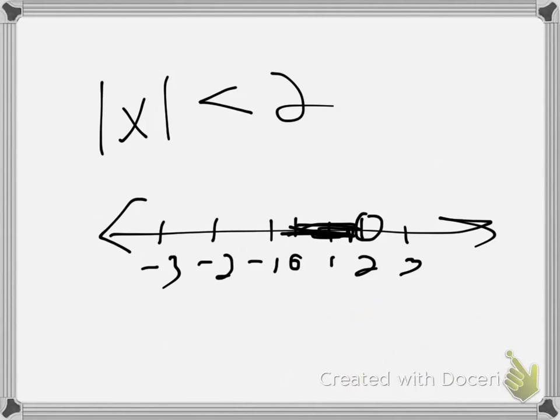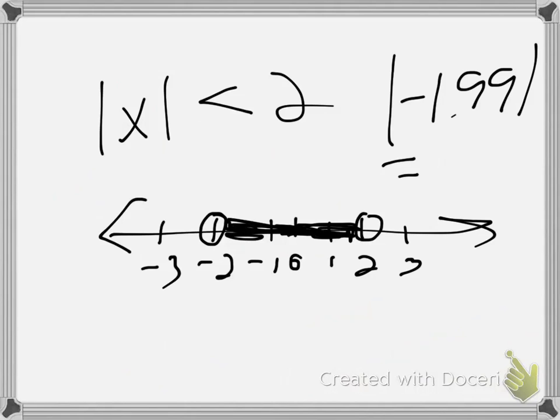The only problem is it's got to stop at -2, because when I plug in a -2 for the absolute value, it ends up equaling 2, which is not less than 2. But -1.99, the absolute value of that equals 1.99, and that is less than 2. So you see how it goes all the way up to that circle and doesn't go past it. And that's how you graph the absolute value.